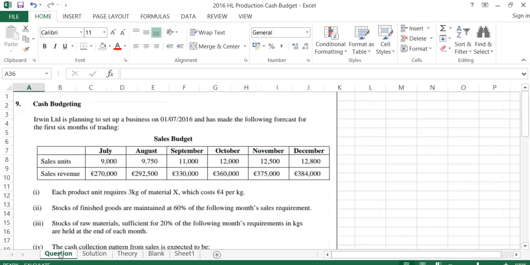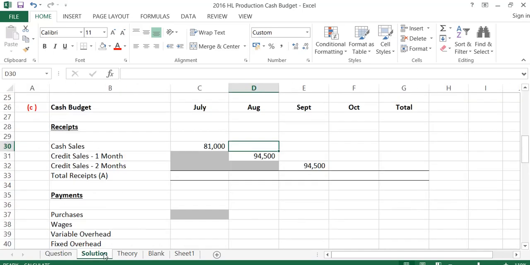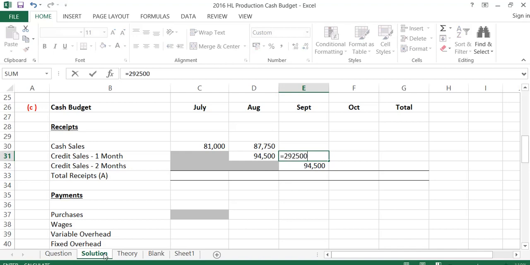Again, August, I'm just going to start off with my total sales of 292,500. So it'll be 292,500, and 30% of those are for cash, and then 292,500, 70% of those are for credit, and of that 70%, half of it, 50% I get in 1 month, and the other 50% I get in 2 months.